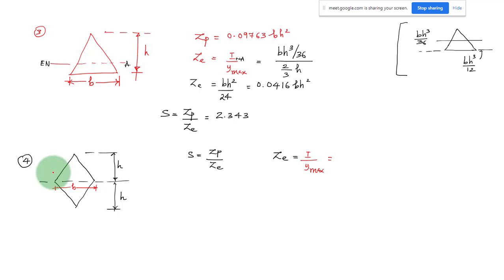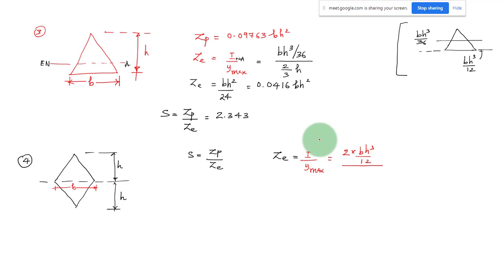What is the I value for this diamond section? b h cubed by 12 is only for one triangle, right? Yes, so 2 times b h cubed by 12, because I have taken this as h, so that I can directly use this equation.